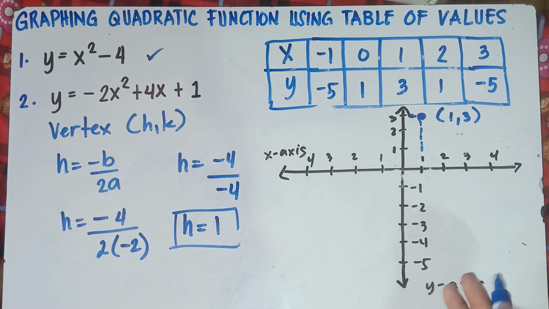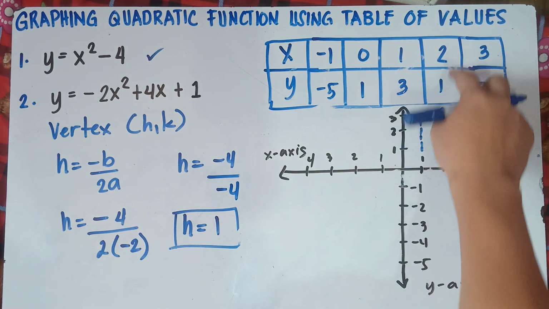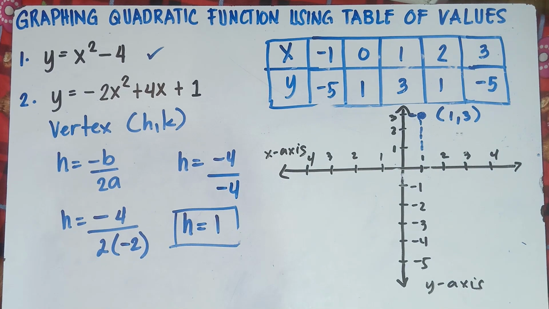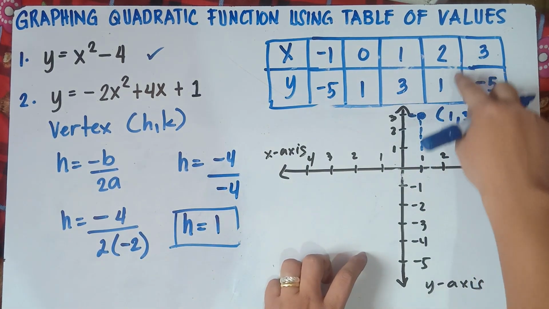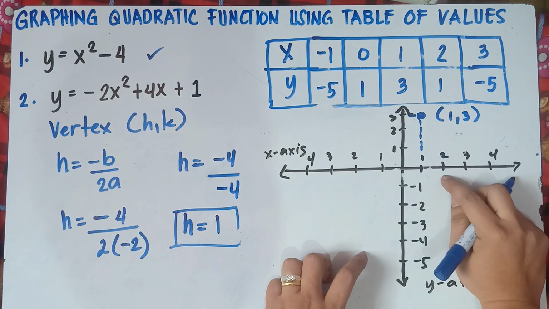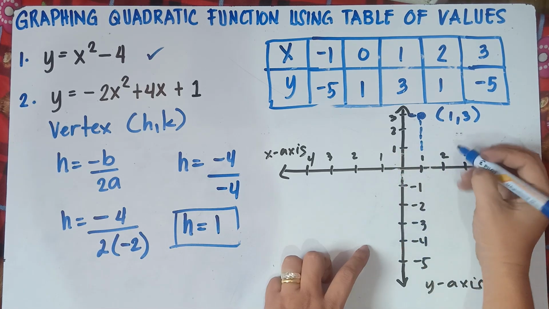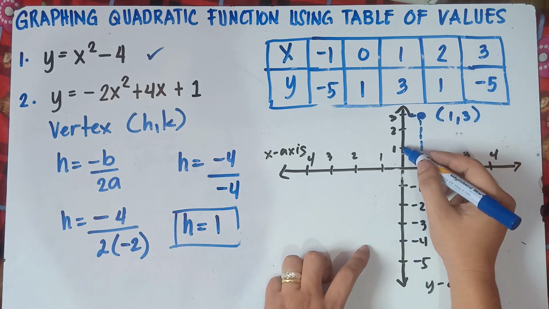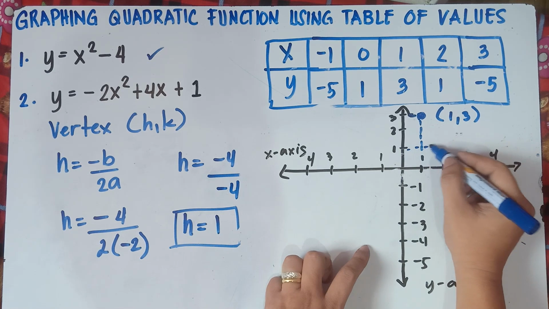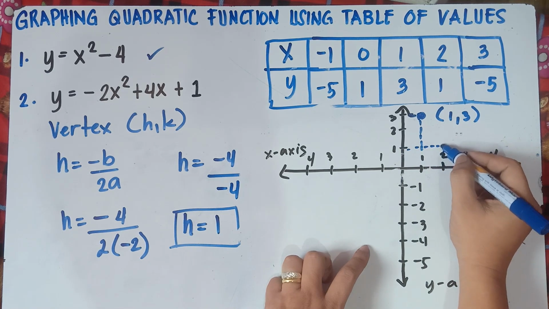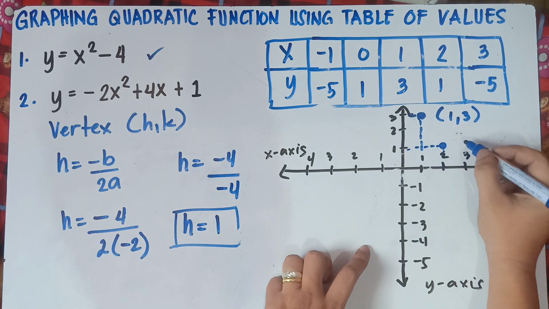But if you're good in plotting of points, you can just simply look at the x and y values, class. So this one, 2 for x, then positive 1 for y. So x is positive 2, then y is positive 1. This will be your point, class.